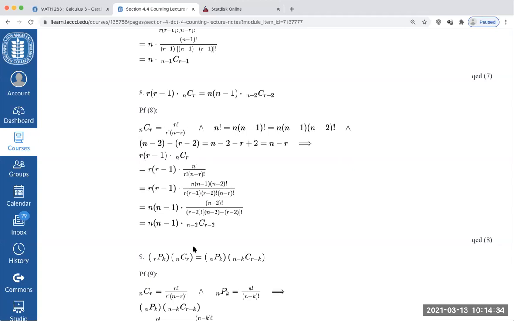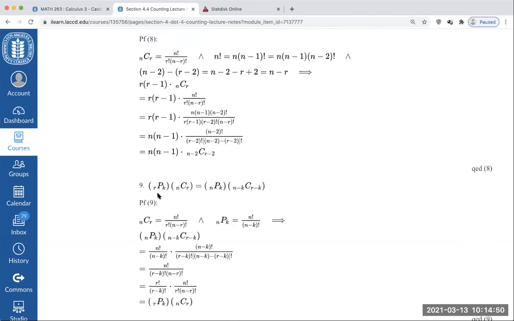The reason for writing out properties 7 and 8 explicitly is because we're going to be using these explicitly. So it's nice to actually have them written down, so you can just look at them and say, oh yes, that's the property that we're using.